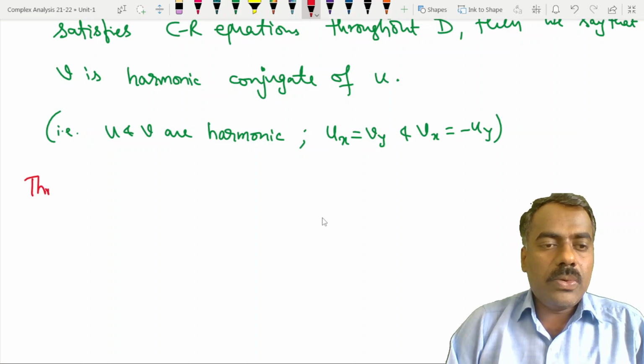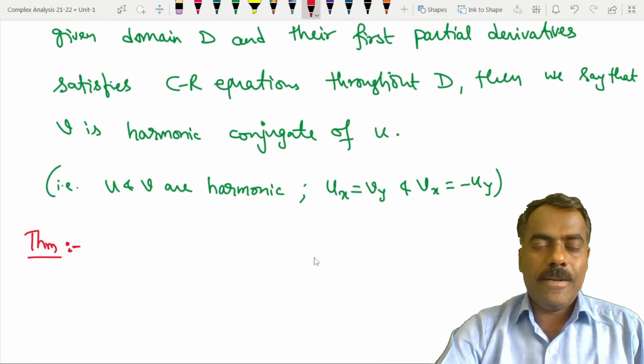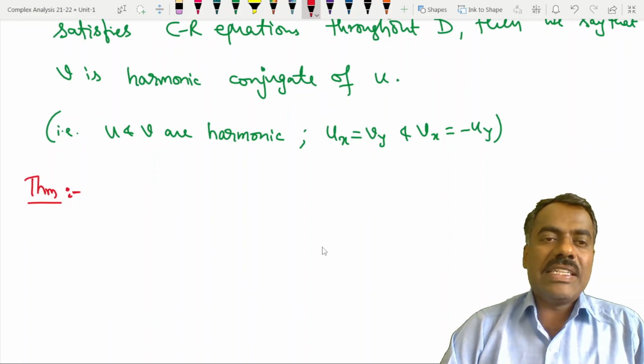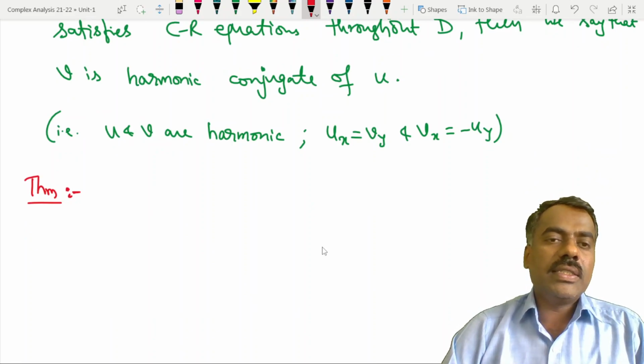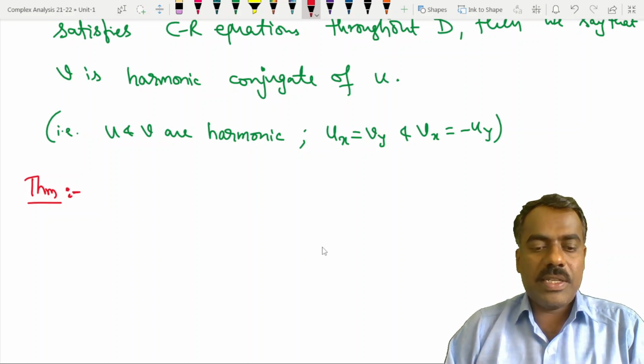We prove a small result, which is useful to understand what a harmonic conjugate is. We can give a relation between harmonic conjugate and the real and imaginary parts of an analytic function.